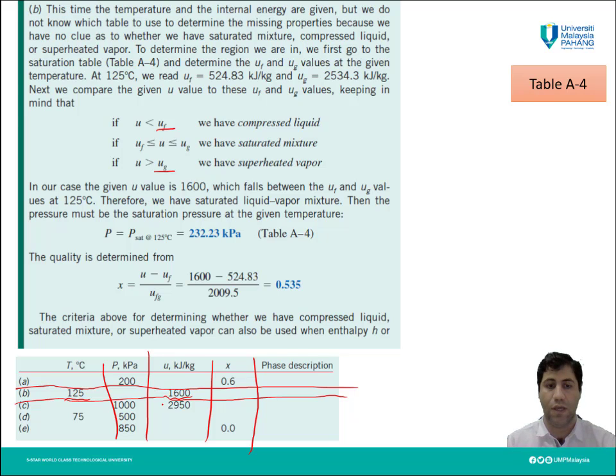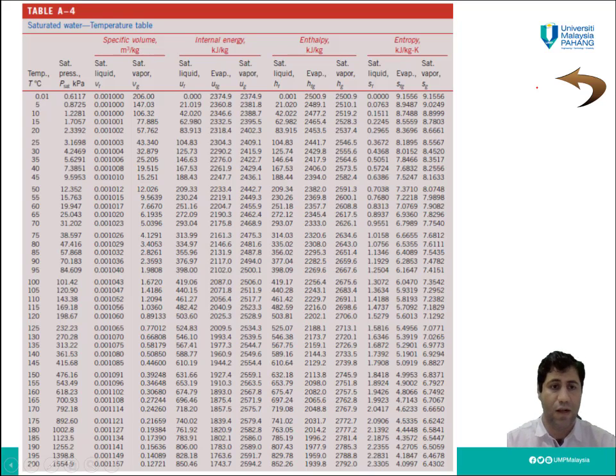Okay, our U here is 1600. Let's go to table A4 and see the energy for this temperature. Okay, the temperature is here, the saturated water temperature table. We found the temperature 125 degrees Celsius.